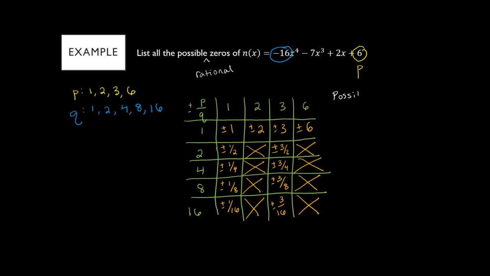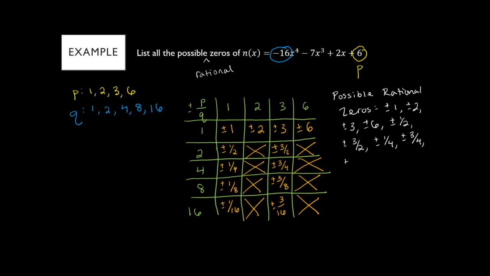So possible rational zeros are plus or minus 1, plus or minus 2, plus or minus 3, plus or minus 6, plus or minus 1/2, plus or minus 3/2, plus or minus 1/4, plus or minus 3/4, plus or minus 1/8, plus or minus 3/8, plus or minus 1 over 16, and then the last one is plus or minus 3 over 16.